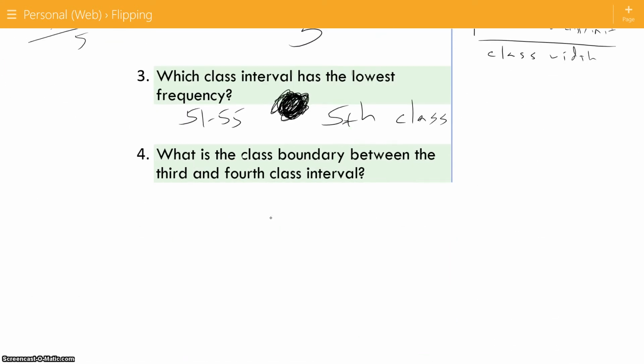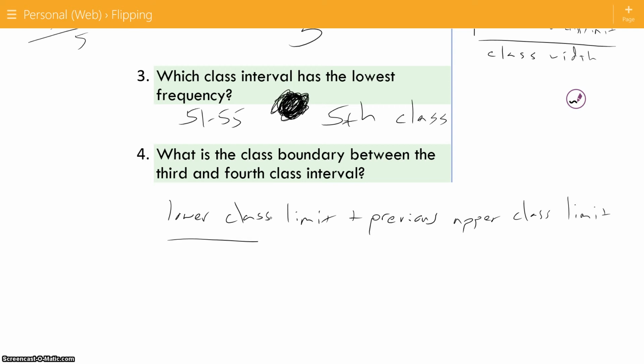And in order to determine that, take the lower class limit of the higher class and then add in the previous upper class limit. Take all that and divide by 2.